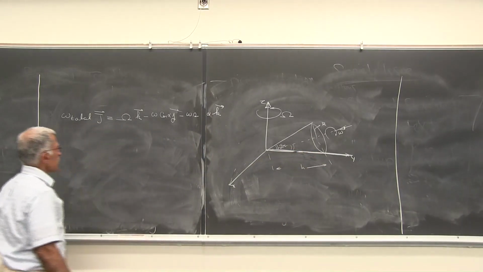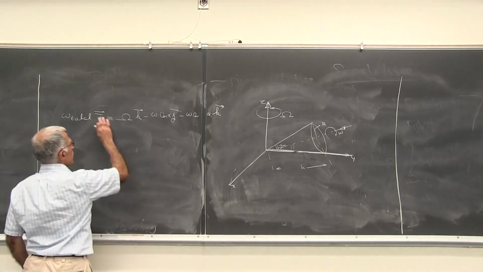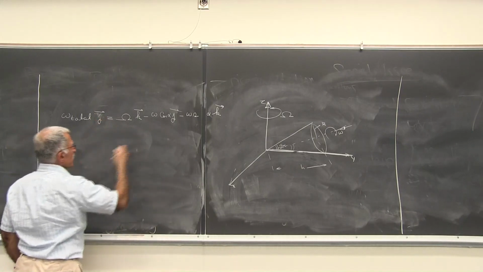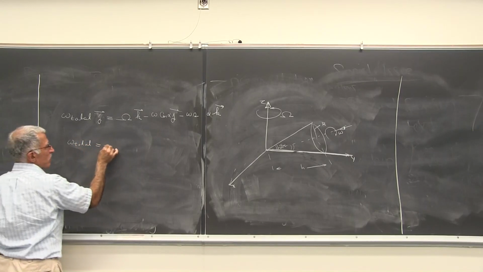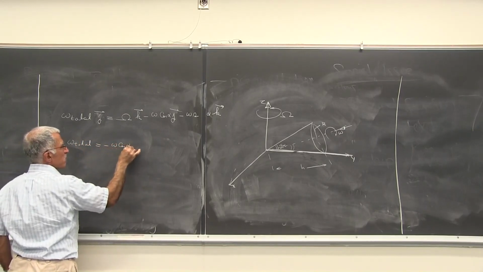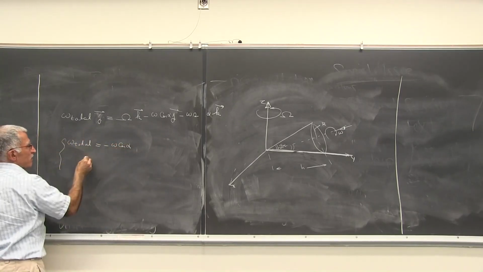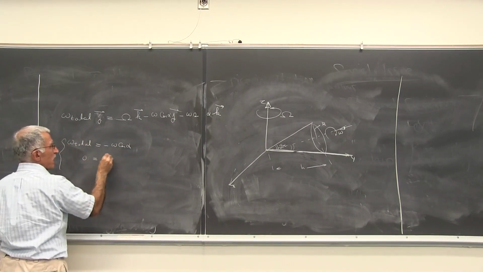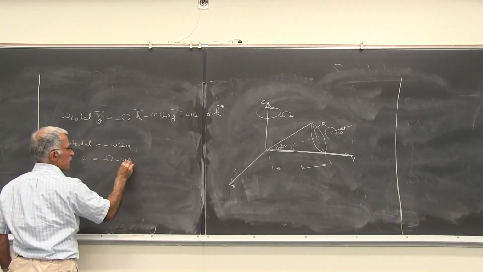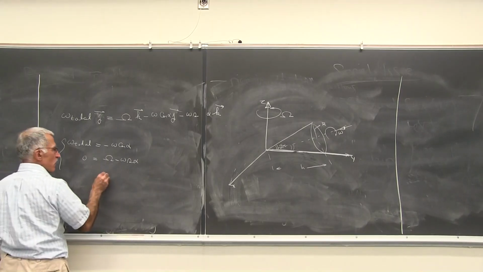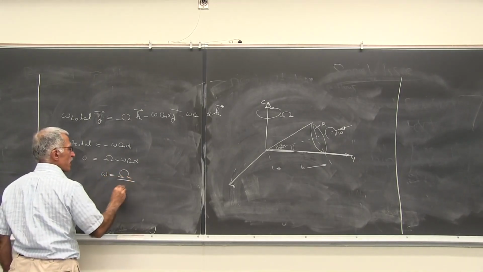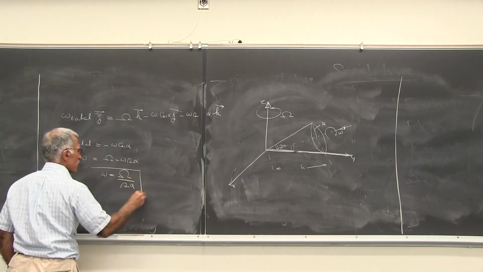So from here, you can say the right-hand side must be equal to the left-hand side. So your omega total must be equal to minus omega cosine alpha, and you do not have K. That must be omega minus omega sine alpha. So from here, your small omega is capital omega divided by sine alpha.